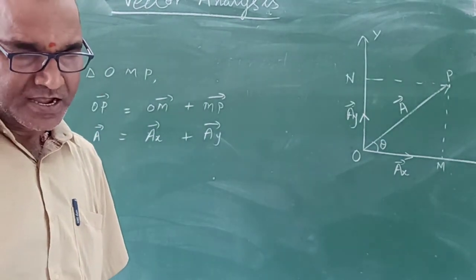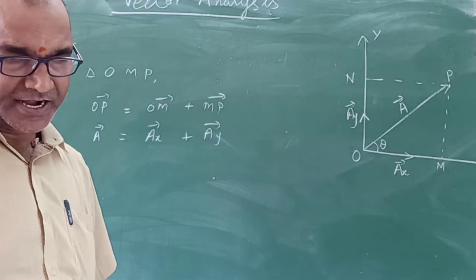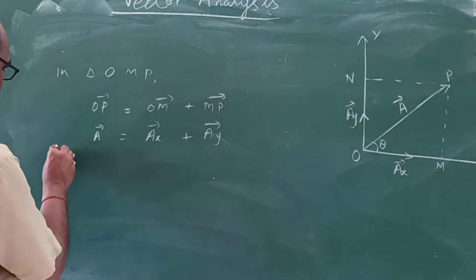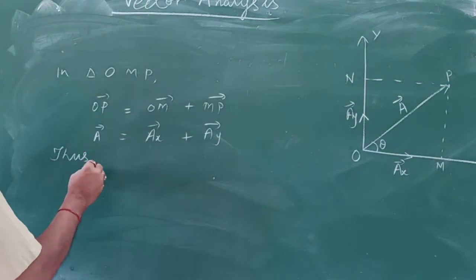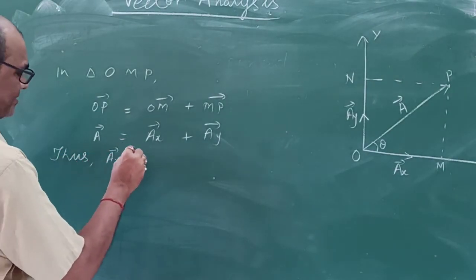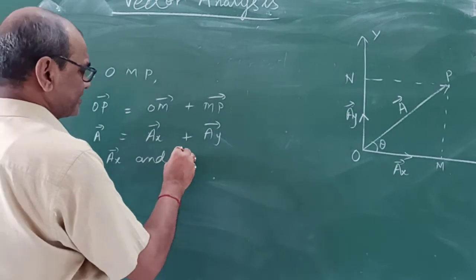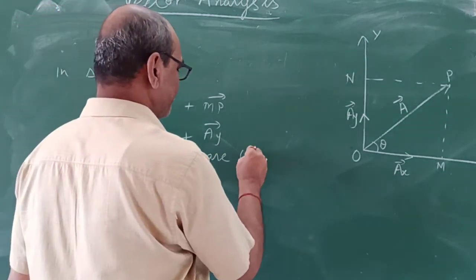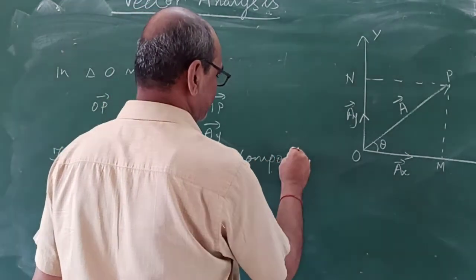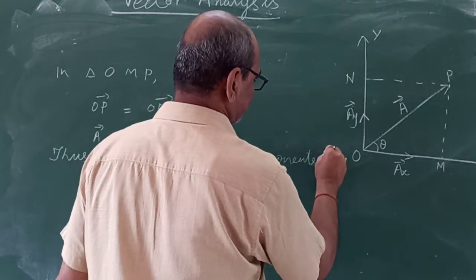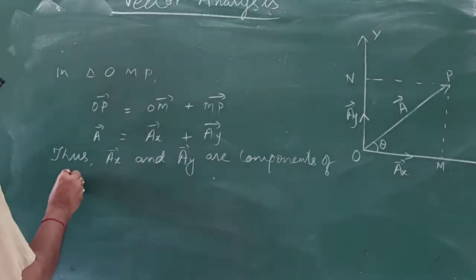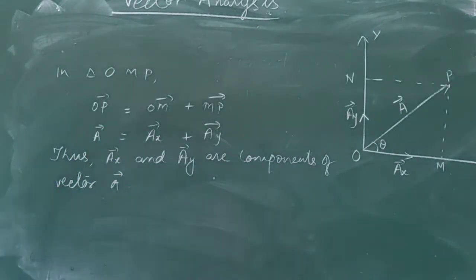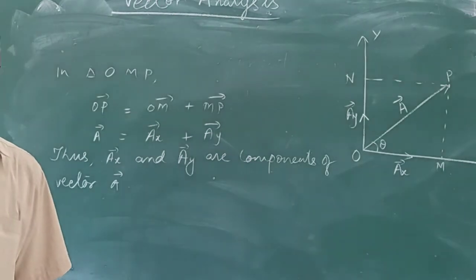Thus, AX and AY are the two components of vector A. Is it clear?